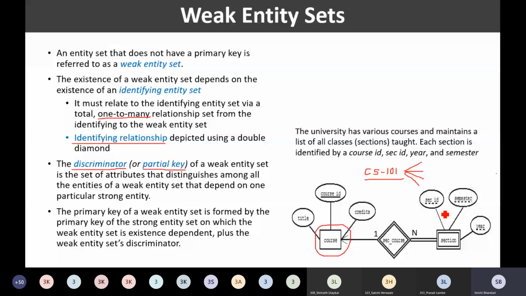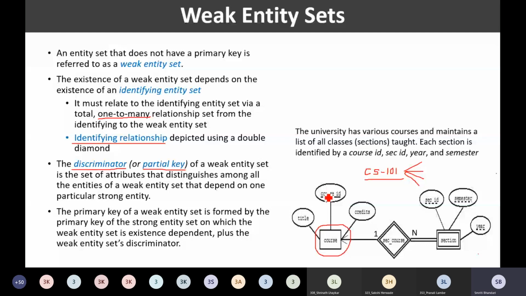Okay, and if I now want to form a primary key for the weak entity set, how am I going to form it? The primary key of the weak entity set is formed by making use of the primary key of the associated identifying entity set.